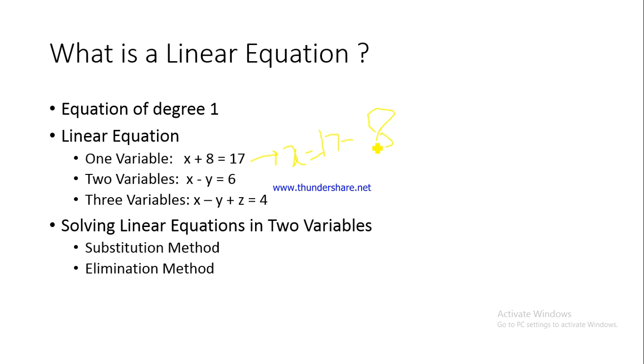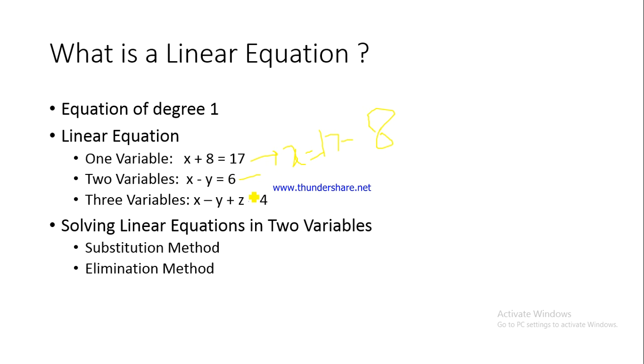Now you have to keep one thing in mind. If there is one variable that you have to find out, if there is just one unknown, then you need one equation. Even one equation is sufficient. On the other hand, if there are 2 variables, which is the case with this one, here there are 2 variables x and y.